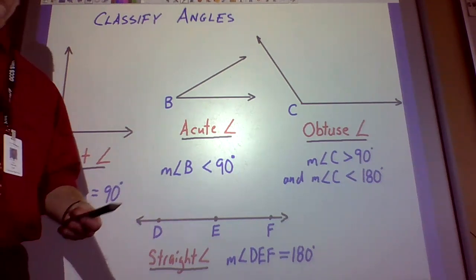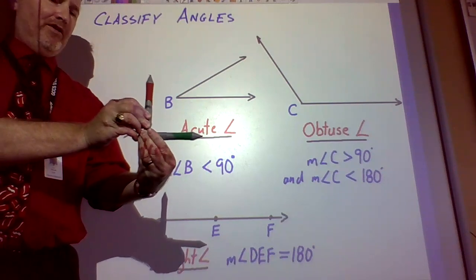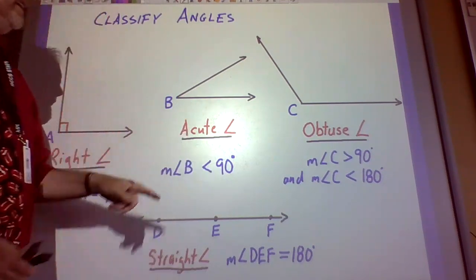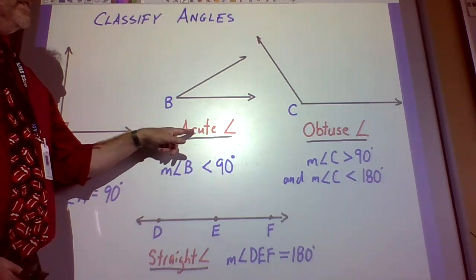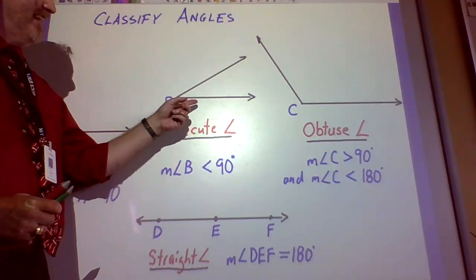Then when you get smaller, so if we use an L as medium, if you get smaller, or if the alligator starts to close his mouth, anything less than 90 is what we call a little cute angle, little cute one. Aw, look how cute that angle is.